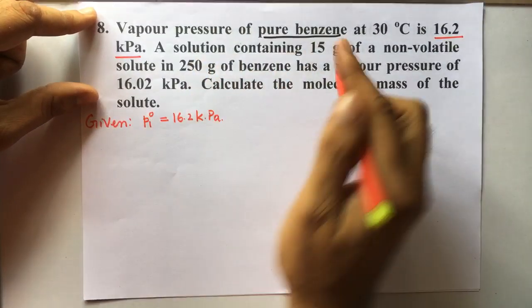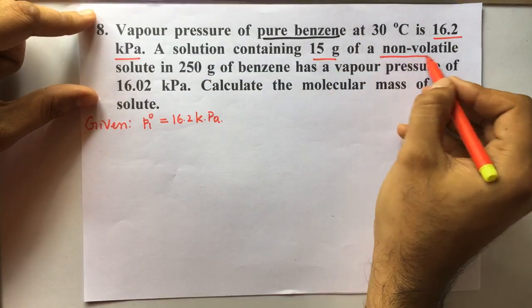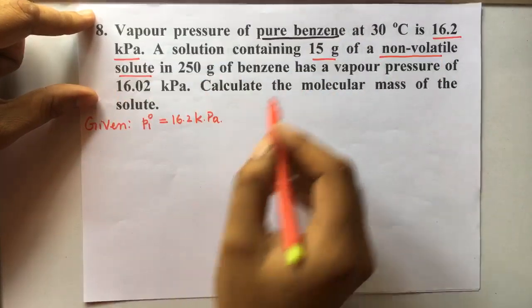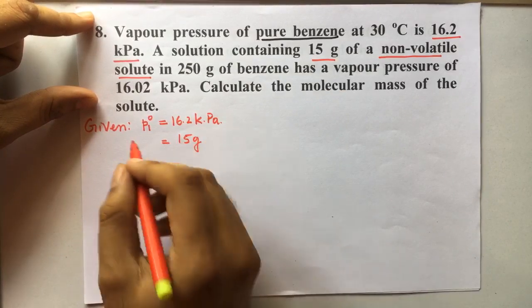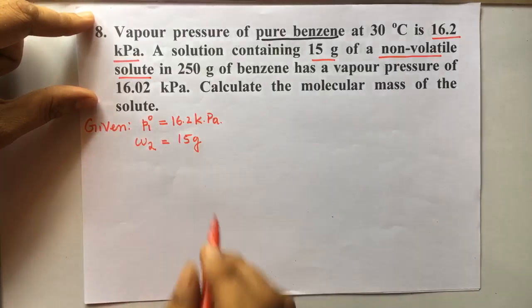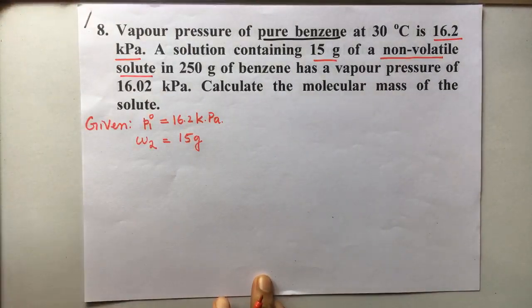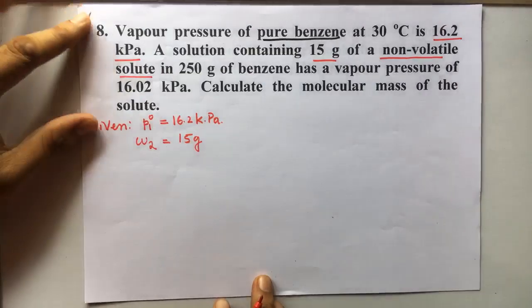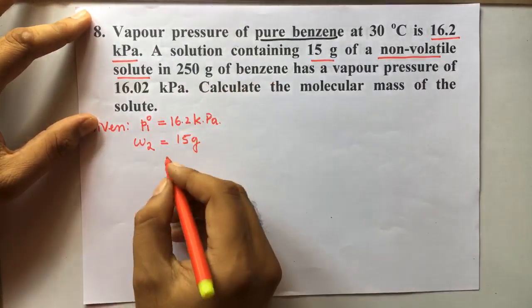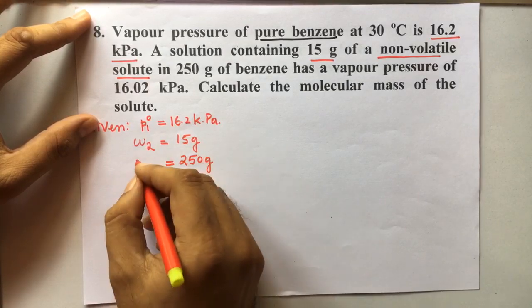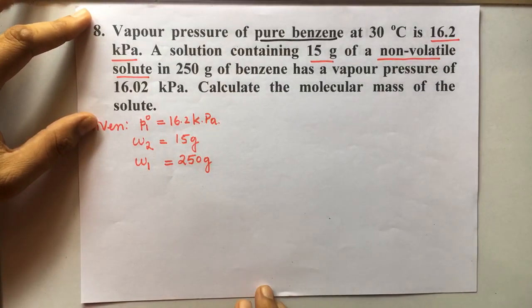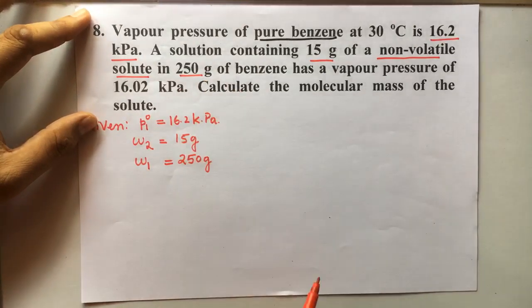A solution containing 15 grams of non-volatile solute. So what is this 15 gram? It corresponds to solute. What is the mass of solute that we have represented? W2, which is dissolved in 250 grams of benzene. Benzene is the solvent, so this 250 grams is the mass of solvent.